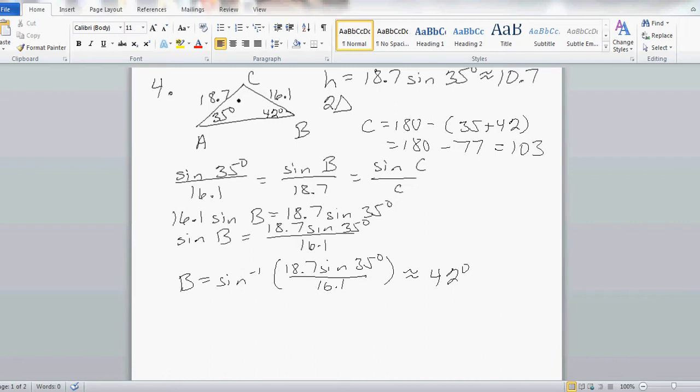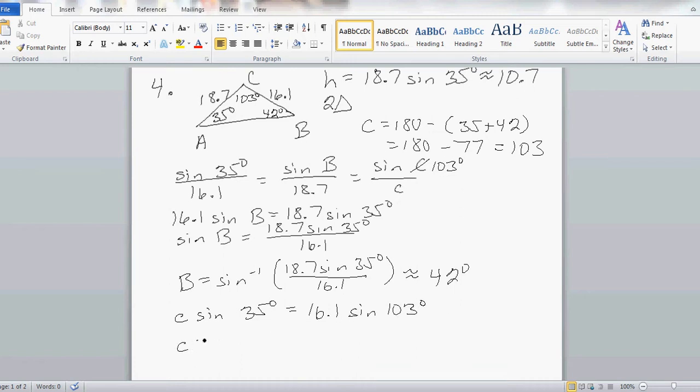So that means angle C would be 103 degrees. And we can now combine this first ratio with this one to find C. So doing cross products, C sine of 35 degrees will equal 16.1 sine of 103 degrees.